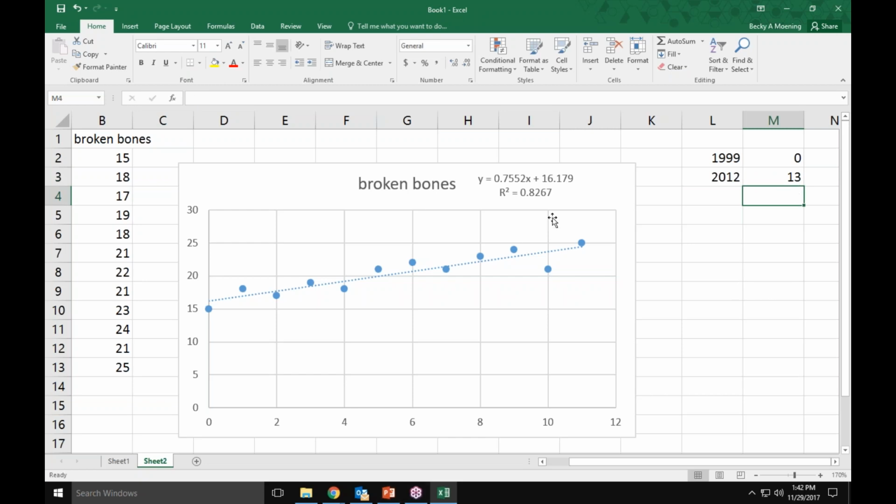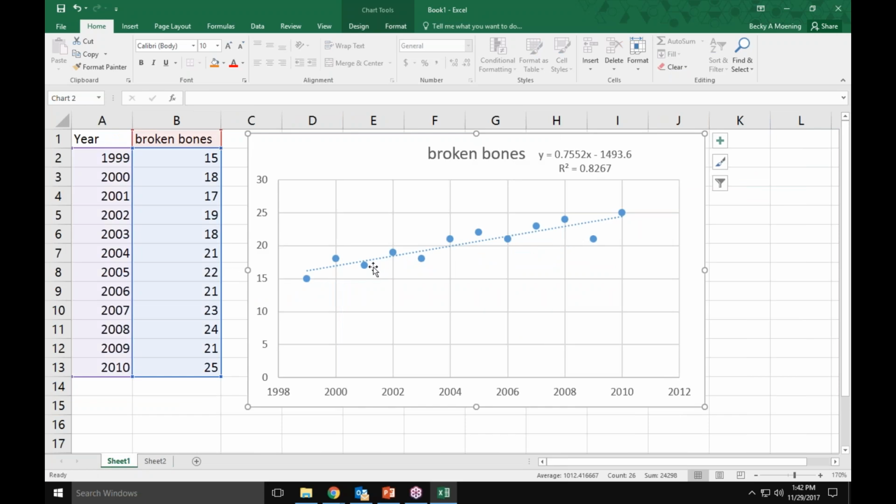I would plug in 13 for x into this to find 2012. But in this one, if I wanted to find 2012, I would just type in 2012 for x. You'll get the same answer because the y-intercepts adjust for that in these two problems. Right? So same data, just depicted differently. That's the word I was looking for.